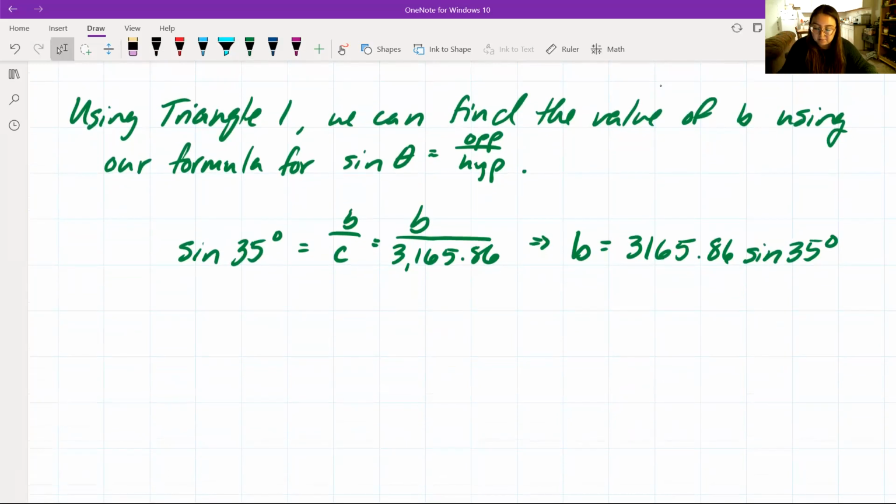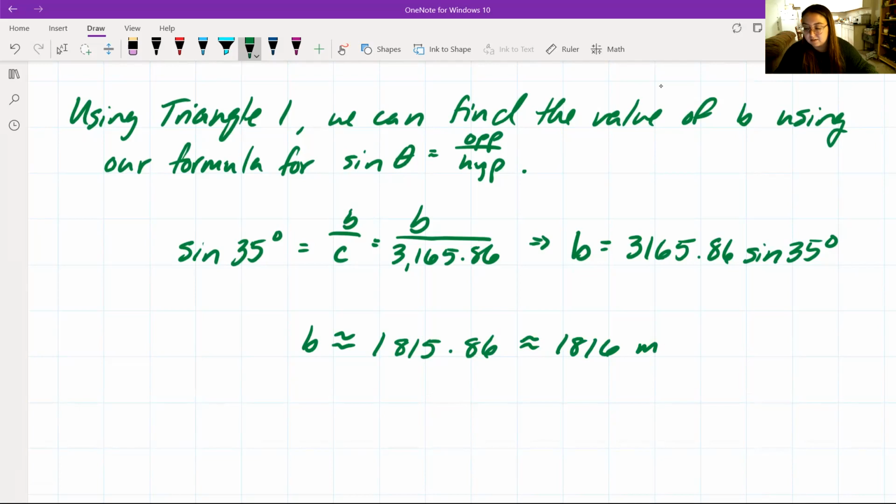Once again, we have to put that value into a calculator, and when we do, this tells us that B is about 1,815.86. In this problem we're just using approximate values since these are applied problems, so we round to the nearest whole number, which gives us 1,816 meters.